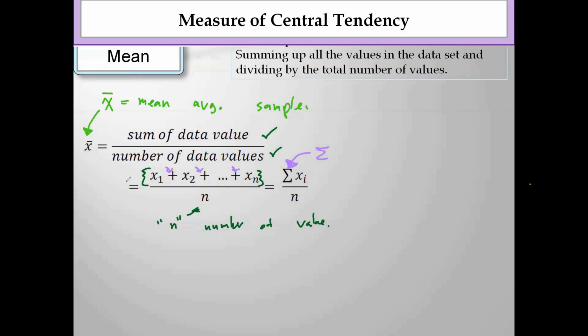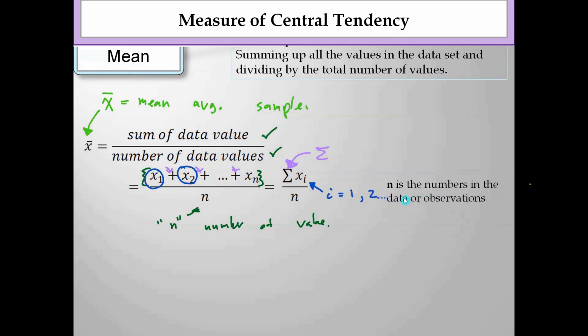And the i, when we're looking at this new formula setup, represents each individual value, meaning when it is 1 it represents x sub 1, and when it is 2, it will represent x sub 2. And then it goes on until we reach our n for x sub n.